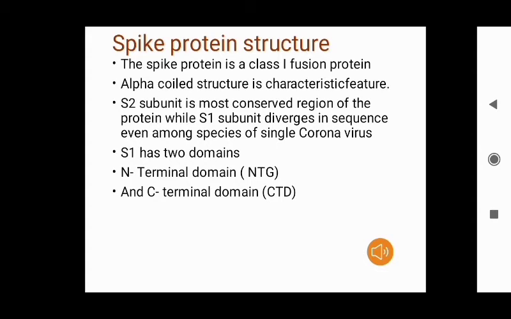The S2 subunit is the most conserved region of the protein, whereas the S1 subunit diverges in sequence, even among species of a single coronavirus.